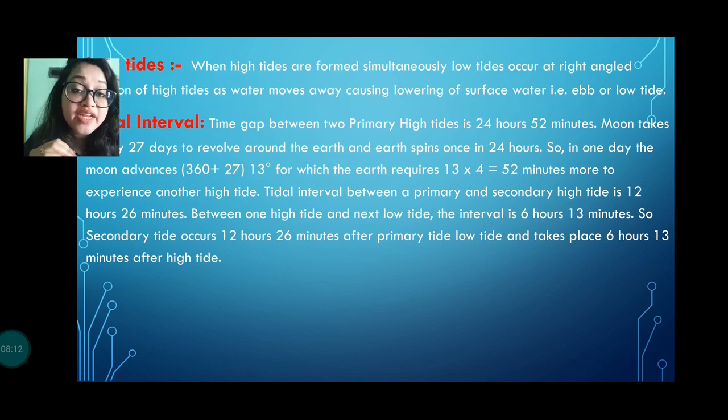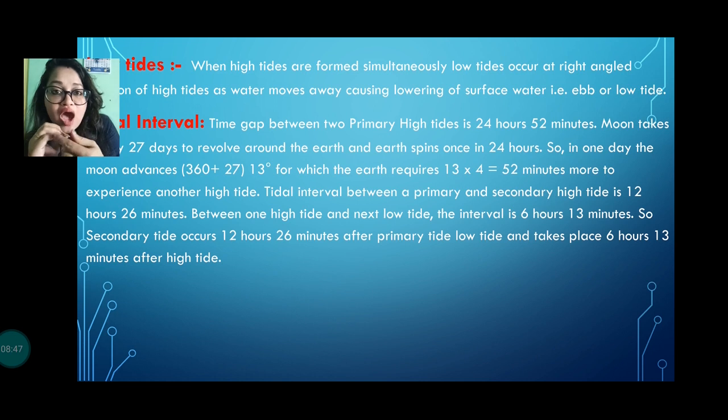If you convert it into time, 1 degree equals 4 minutes. So 13 degrees, converted into time, is 13 into 4 minutes, that is 52 minutes. So the place will then experience another high tide. And the tidal interval between the primary tide and the secondary tide is 12 hours 26 minutes.